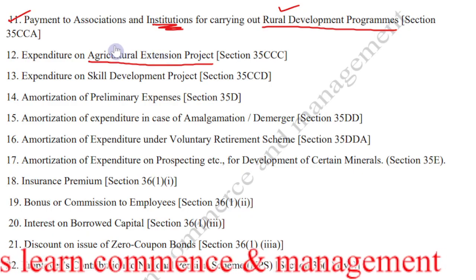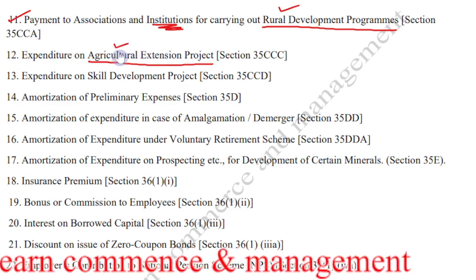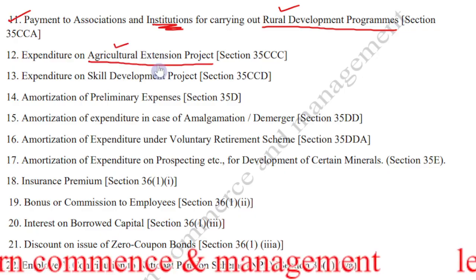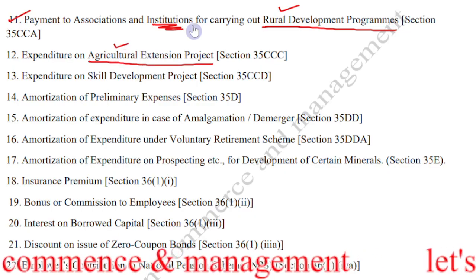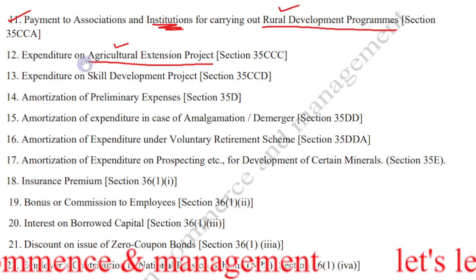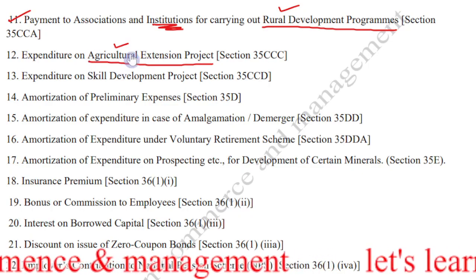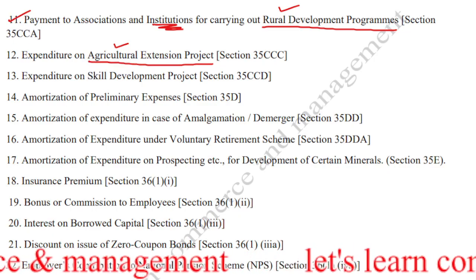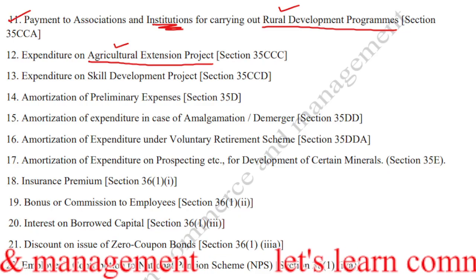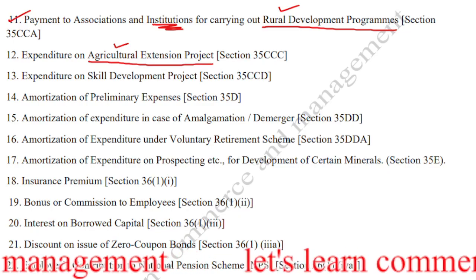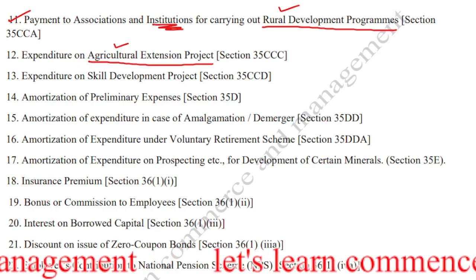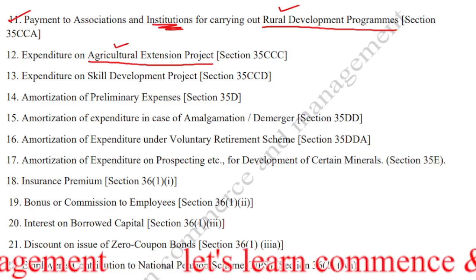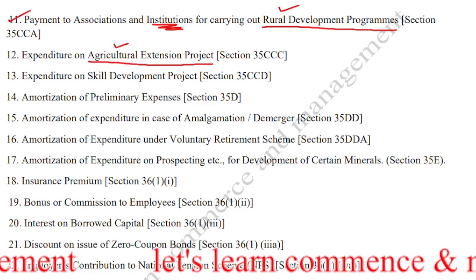So if you're planning to do some extension in your agricultural needs and requirements, then the expenses made towards that, like buying new equipment or taking suggestions from an expert and paying some fees to that expert, that expenditure is considered as a valid expenditure.